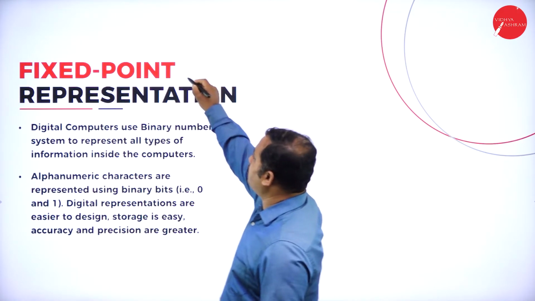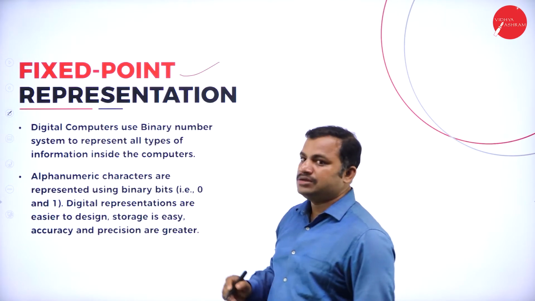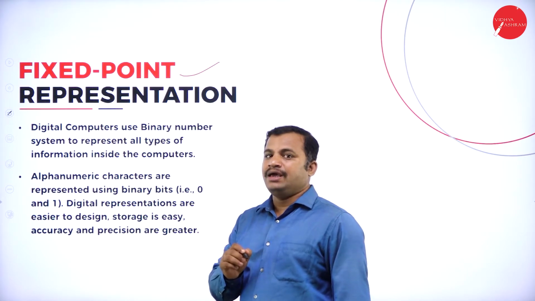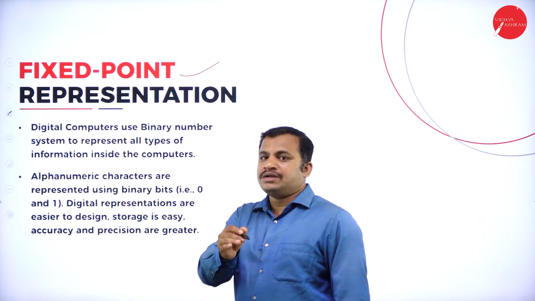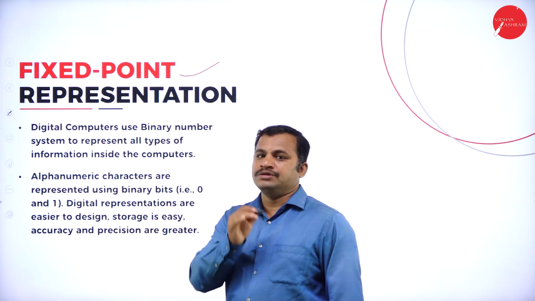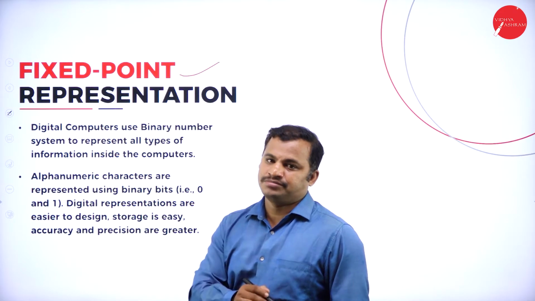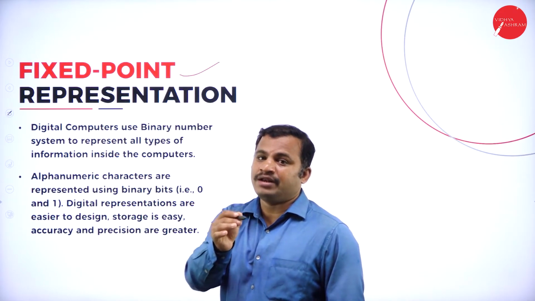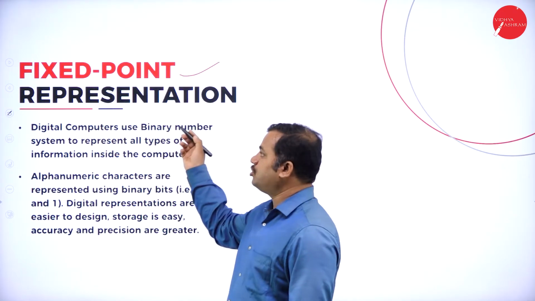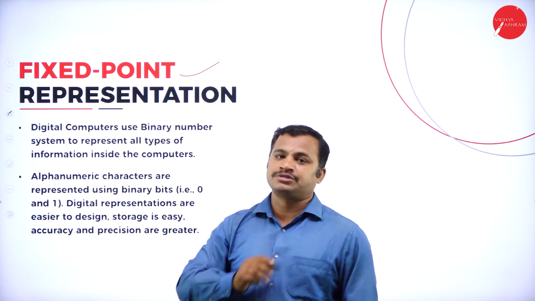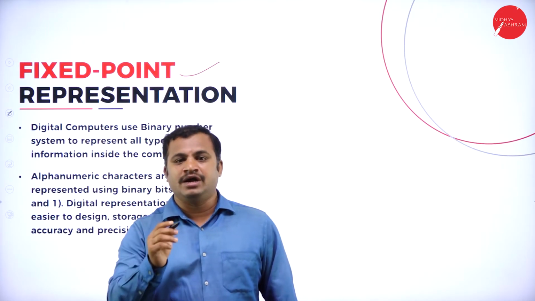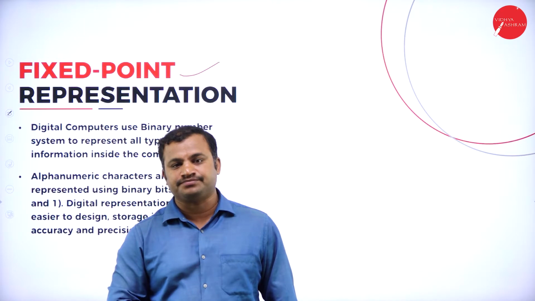Usually, the fixed point representation system is used to represent any integer type of numbers or any floating point type of numbers. But what is the difference between fixed point representation of numbers and floating point representation of numbers is a topic of discussion today.